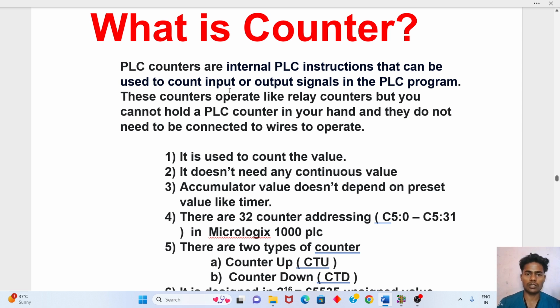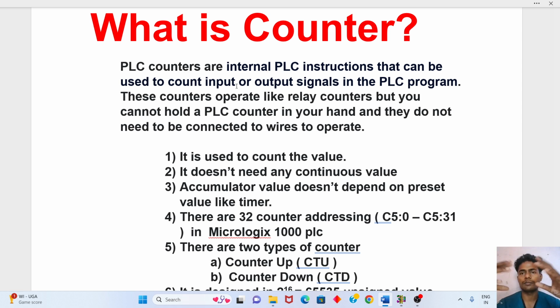So PLC counters are internal PLC instructions that can be used to count input or output signals in the PLC. And you already know that it counts any value. So in PLC, the counter instruction is basically used to count the input and output signals in the PLC program.